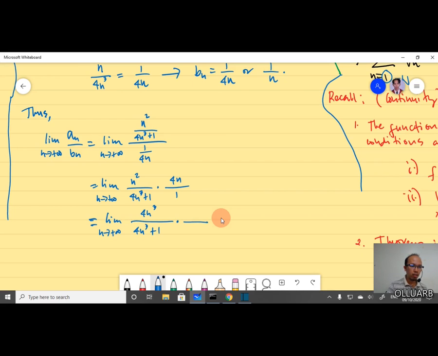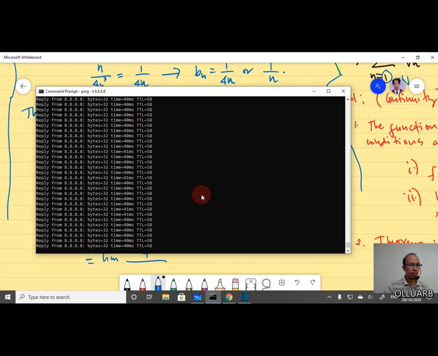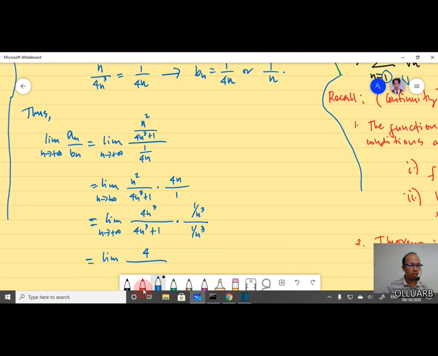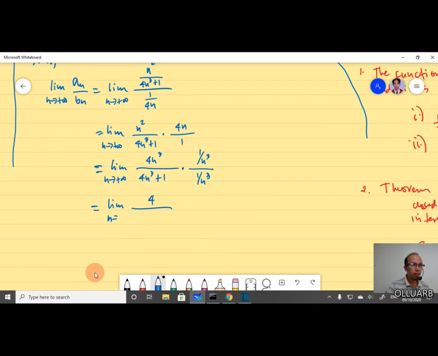Since this is infinity over infinity form, we can multiply both sides by 1 over n cubed, and this will become 4 over 4 plus 1 over n cubed as n approaches positive infinity.